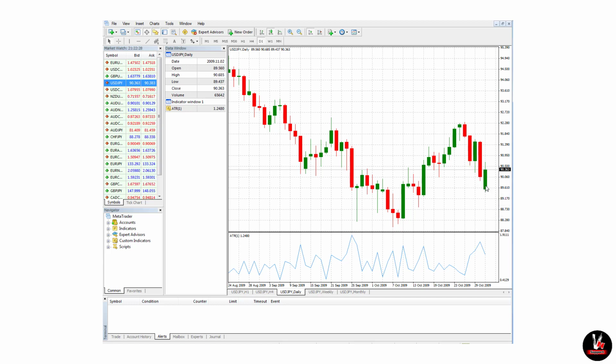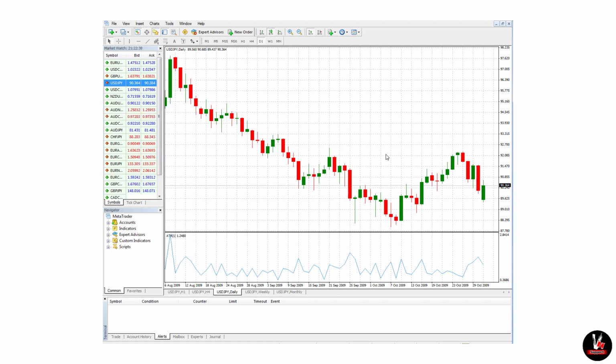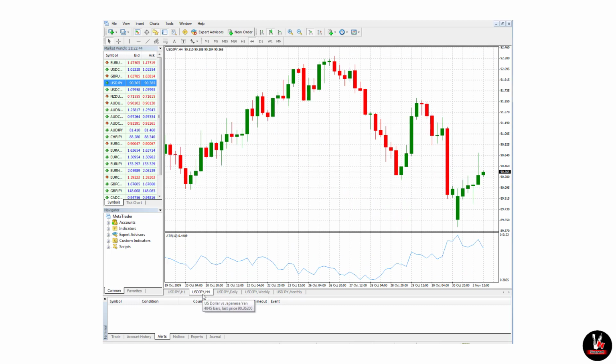Japanese yen can really get moving. Let's see any particular pattern that we may be interested in here. Okay, let's see, 4-hour. Again, just to show you, you have to be selective.